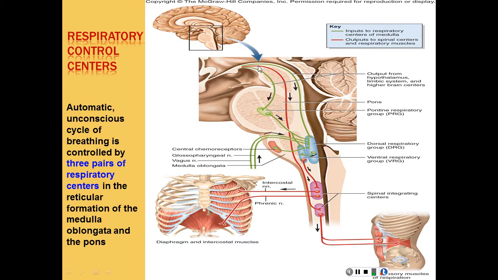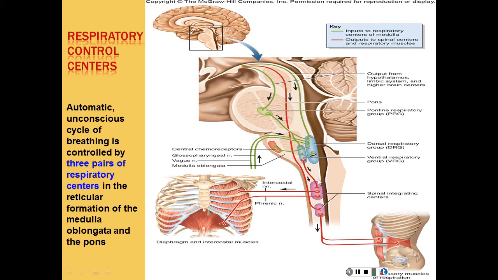So you see the various inputs to the PRG. It receives from the medulla, the hypothalamus, the limbic system, and of course the cerebral cortex. And then this PRG is going to relay this information to the DRG as well as the VRG.